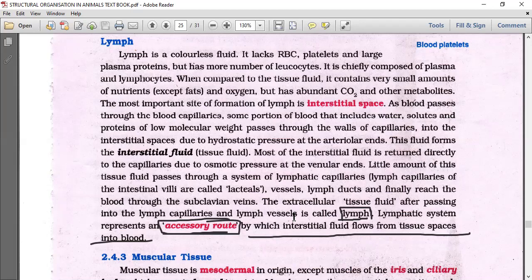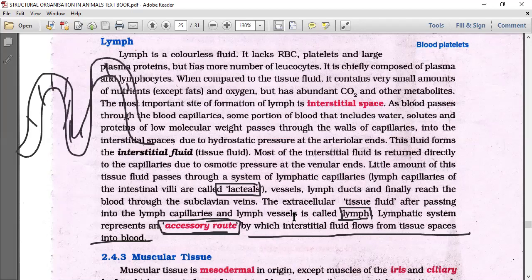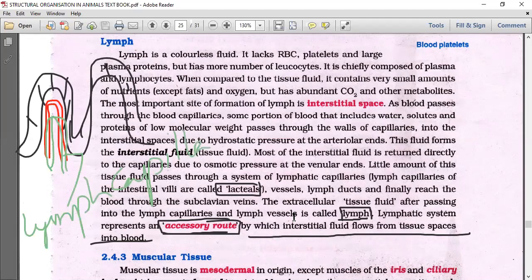Especially the lymph capillaries in the intestinal microvilli are called lacteals. Our lymph capillaries are also present in the microvilli for the absorption of digested fat. We call them lacteals. The lymph capillaries present in the intestine are called lacteals. That is going to come in the chapter on digestion and absorption.